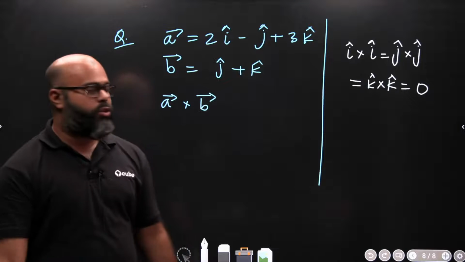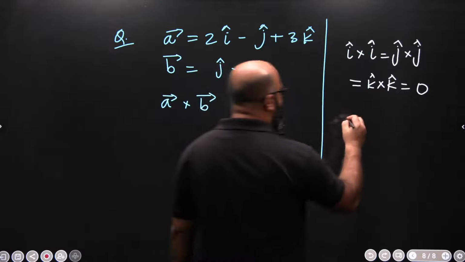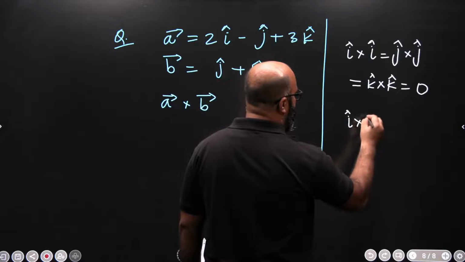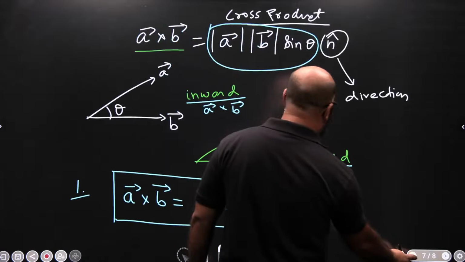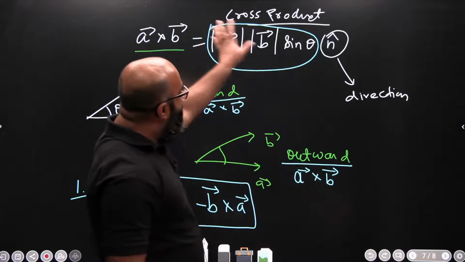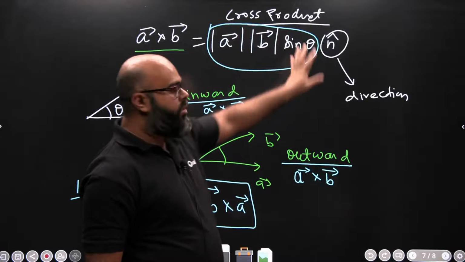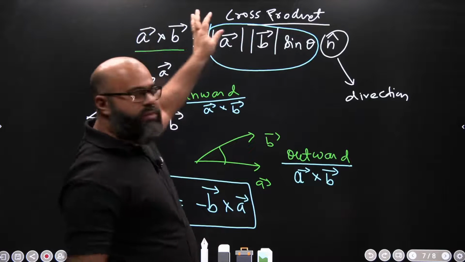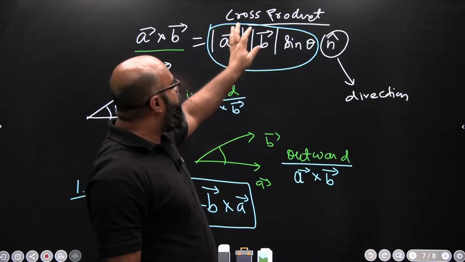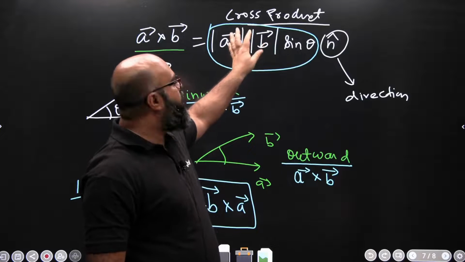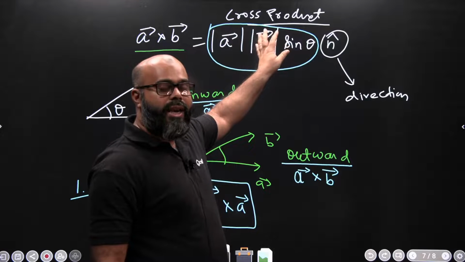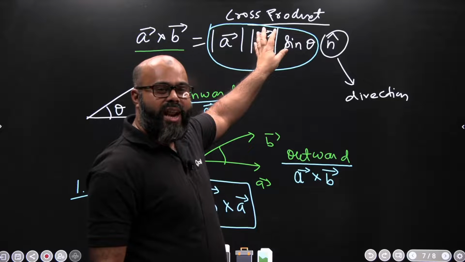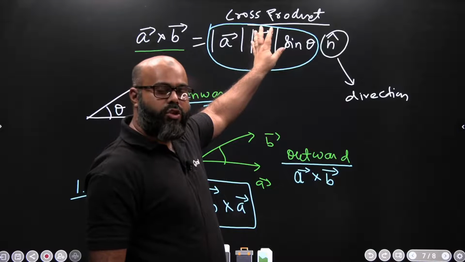Whereas if we talk about i cross j, what is the formula for A cross B? Mod of A, mod of B, sine theta, n cap. So i mod is 1, a unit vector, j mod is 1, a unit vector, and the angle between i and j is 90 degrees, so sine 90 degrees is also 1.